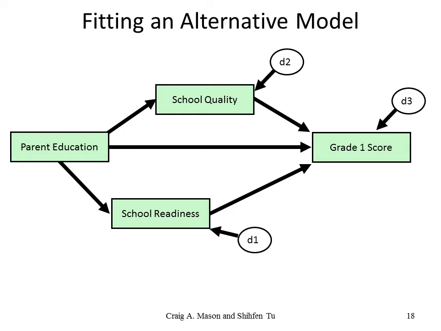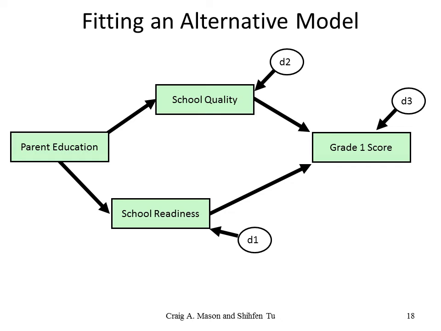What if they proposed that the only effect parent education had on first grade reading scores was through school readiness or through school quality? In essence, they'd be proposing that this path does not exist. They're proposing to delete it from the model or constrain it to also be equal to 0.